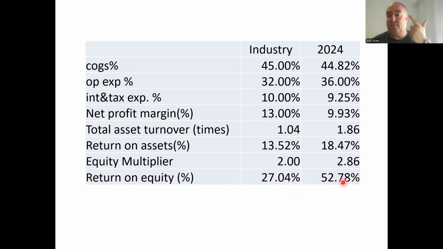And this net profit margin is similar in cost of goods sold and interest. However, it is low due to high operating expenses.